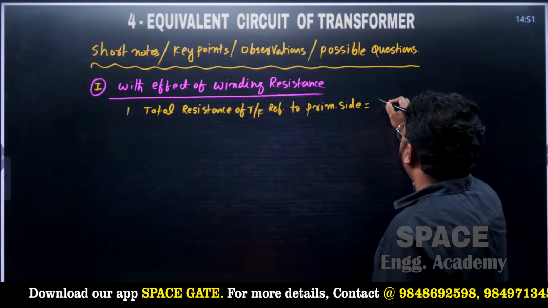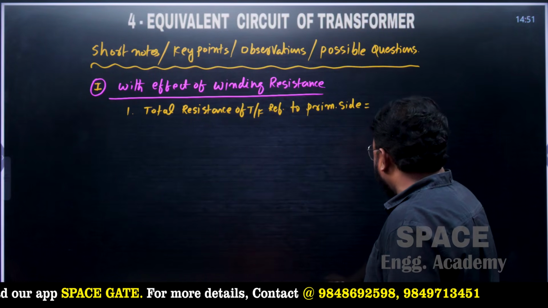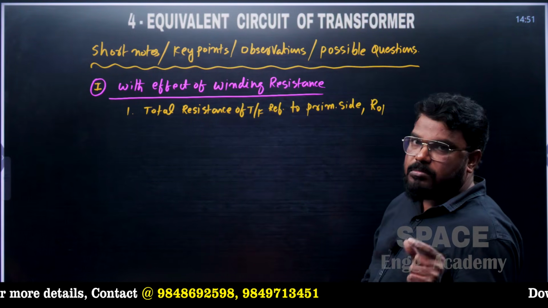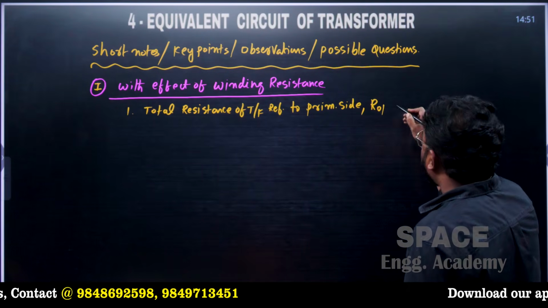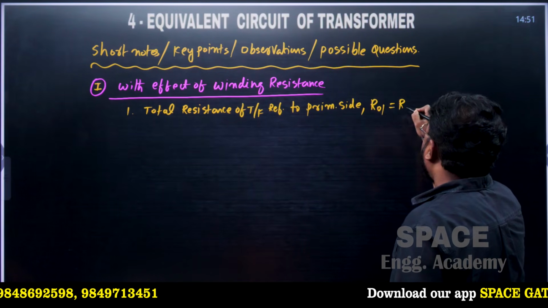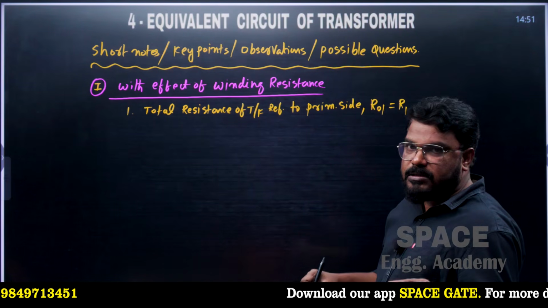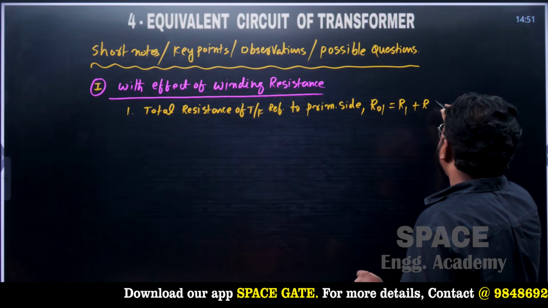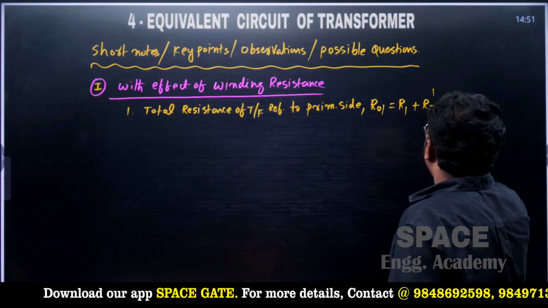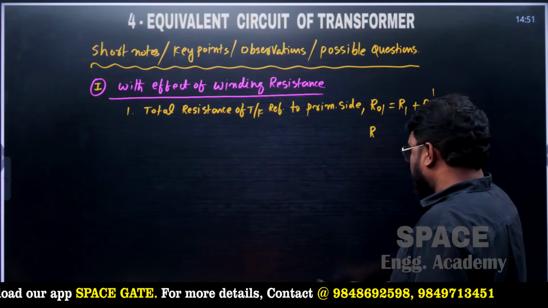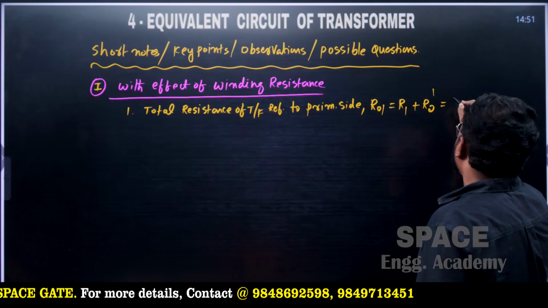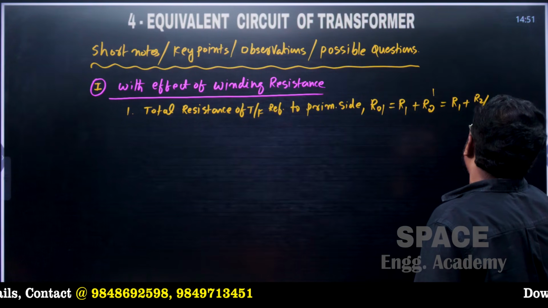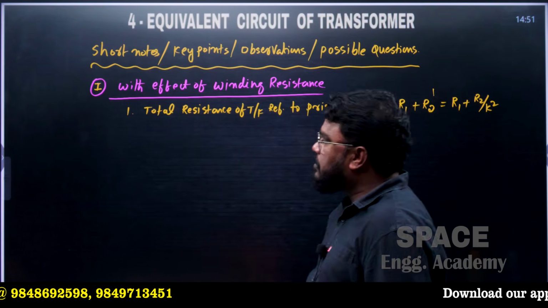It is denoted by R01. Total resistance of the transformer referred to the primary side: R01 is equal to R1, the existing resistance in the primary winding, plus the transferred resistance R2 dash. This R01 is also equal to R1 plus R2 by K square. This is one of the formulas.